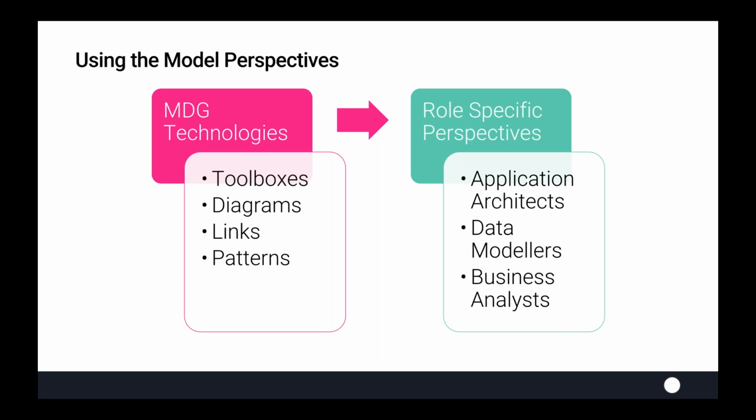What these role-specific perspectives will allow us to do is to let them work exactly on the perspective or the framework or the MDG technology that we want them to work on. So that's pretty much what we're expecting users to achieve using these model perspectives.